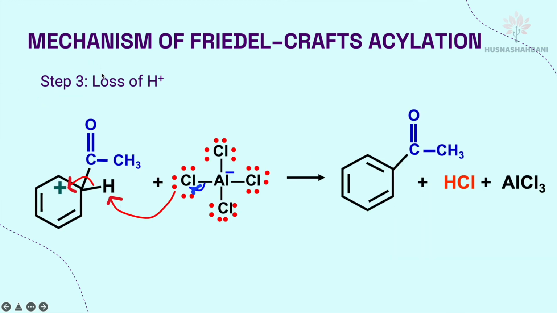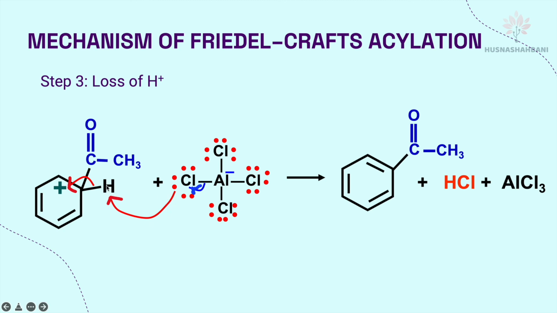And then step number 3, loss of H+. Since we have AlCl4 minus, this Al does not prefer to be minus, so it will transfer this sharing electron, 2 electrons transferred fully to the Cl, and this Cl will use its lone pair to form a bond with the hydrogen in the arenium ion.